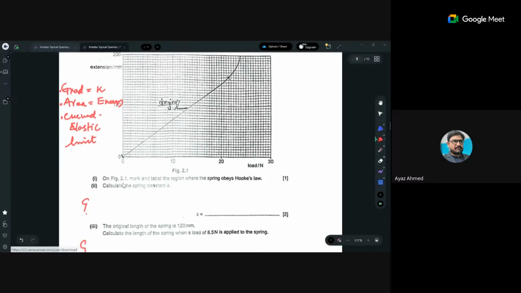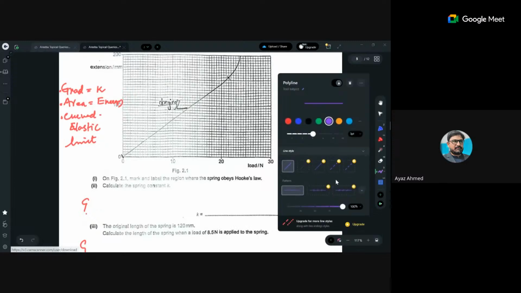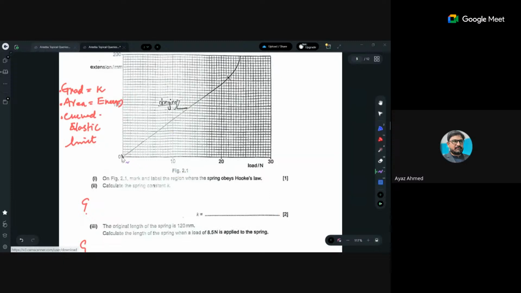Now on figure 10.2, label the region where the spring obeys Hooke's law. Just place your scale along this. This is the technique. If you have a ruler, place the ruler and find where the line is detached from the ruler.